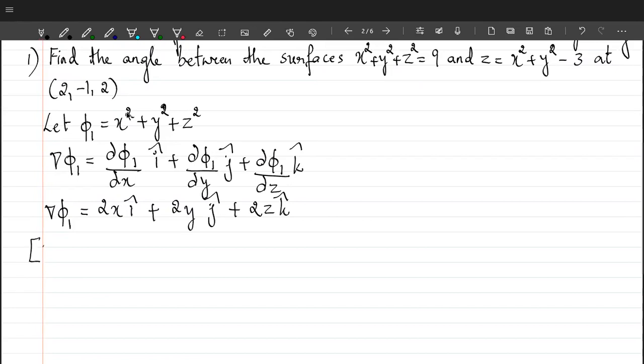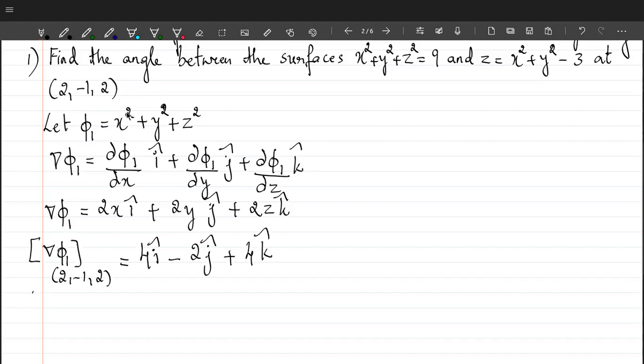And what is the value of that given point here? The given point here is 2, minus 1, 2. So put x is equal to 2, y is equal to minus 1 and z is equal to 2. So I should get 4 i cap. Here I should get minus 2 j cap plus here I get 4 k cap.